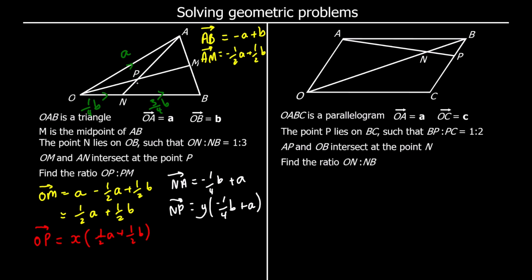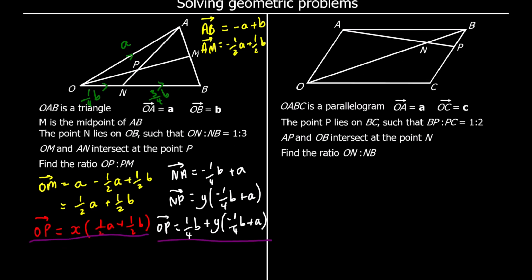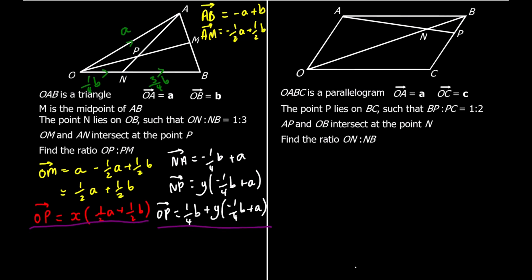And then O to P is O to N and then N to P. So O to P is 1/4 B plus Y times minus 1/4 B plus A. So now I've got O to P 2 different times, and they must be equal.